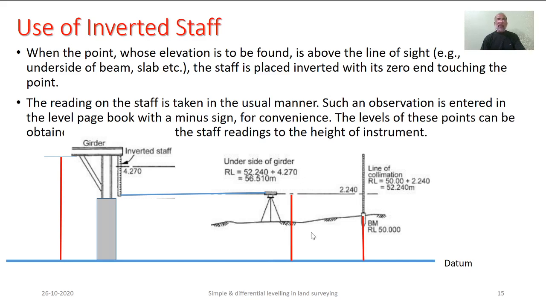In the similar manner, here up to this height is 52.24 meter, whereas RL of this will be nothing but this particular entire red line height. Hence 52.24 plus 4.27 should be equal to the reduced level of that particular girder. I hope the concept is clearer.